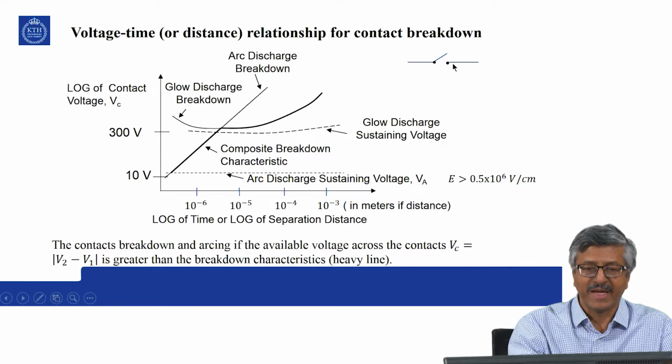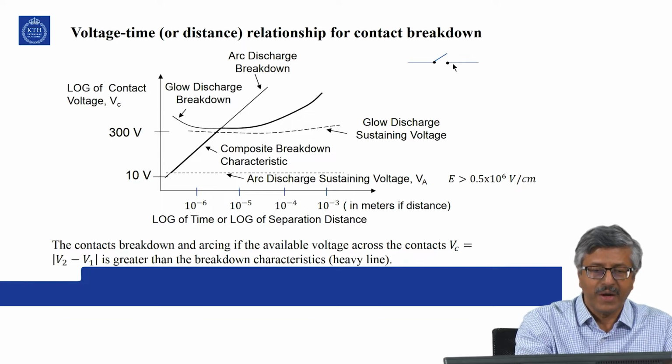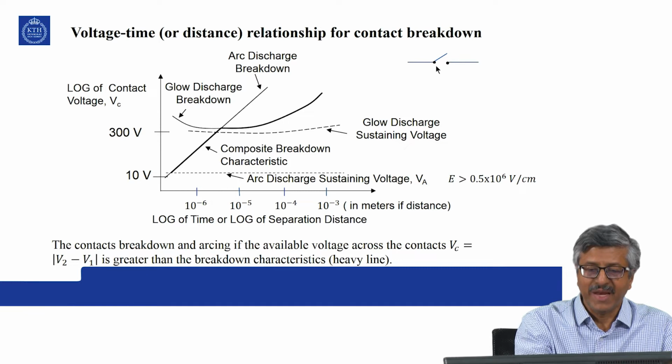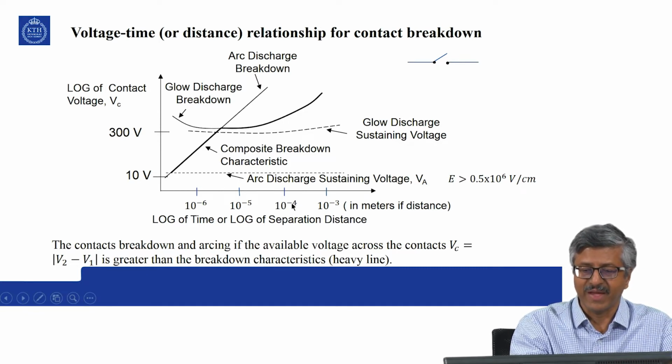In small air gaps, you have certain voltage applied across this air gap of the switch. The air gap length is varying, or you can express in terms of length. Say for example, this is 1 micrometer, this is 10 micrometer, this is 1 millimeter distance of gap.